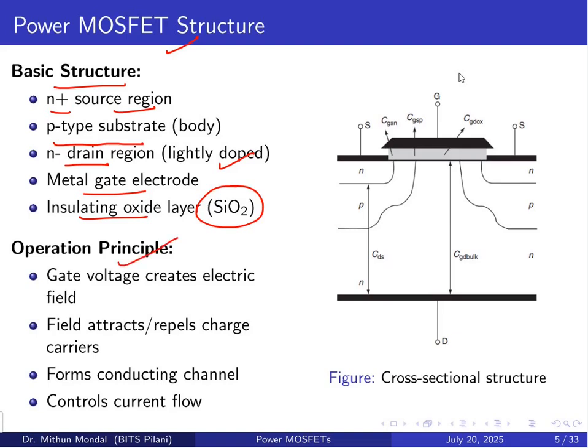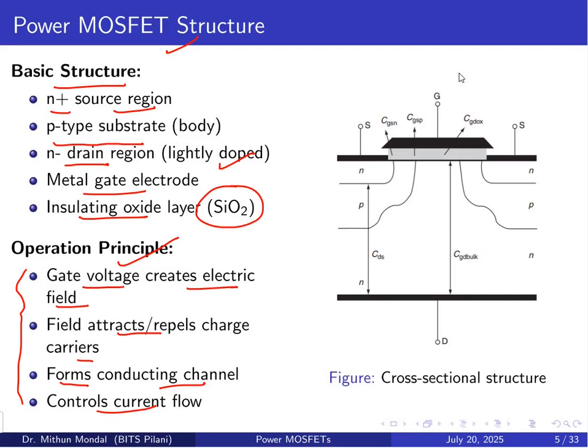In the operating principle, the gate voltage creates an electric field, and the field attracts or repels the charge, and as a result a conducting channel forms which controls the current flow. This is the very brief operating principle: because of the source connected between the gate and source, and the drain and source, there is a current which is flowing.